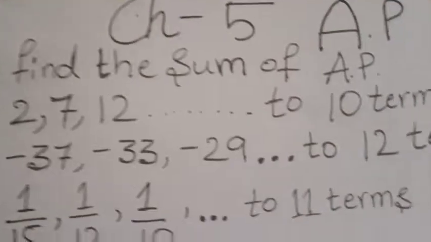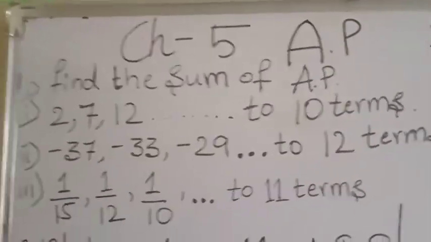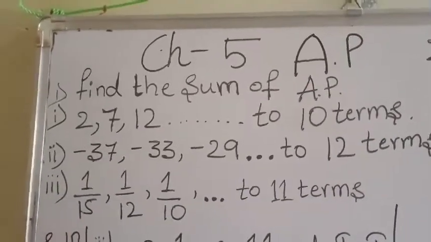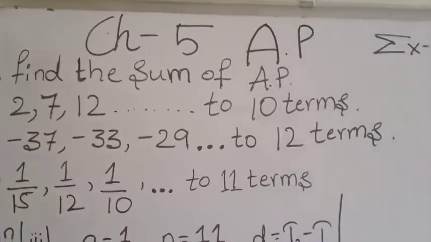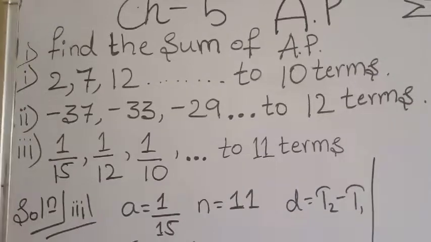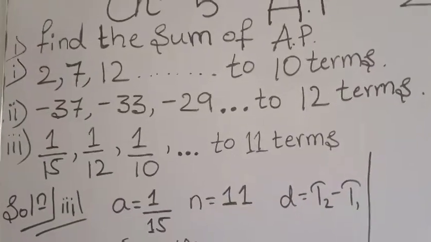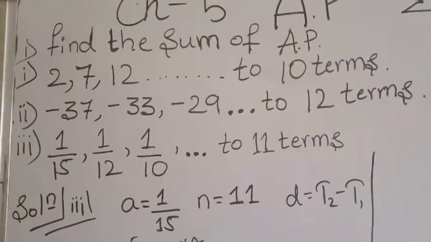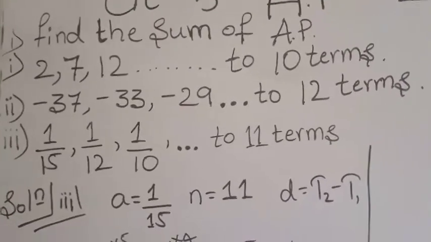The second one: a is minus 37, minus 33, minus 29, up to 12 terms. Substitute all the values in the formula and you will get the sum of 12 terms.